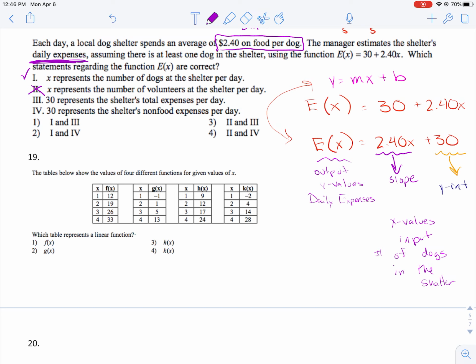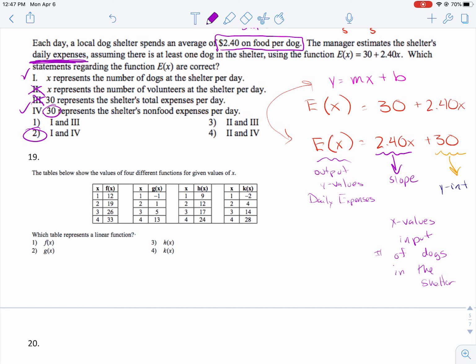Or I'm sorry, 30 represents the shelter's total expenses per day. And then also says 30 represents the shelter's non-food expenses per day. So let's take a look at what this third one means. It says 30 represents the shelter's total expenses. Well, that one's wrong because the function actually gives us the shelter's total expenses per day.